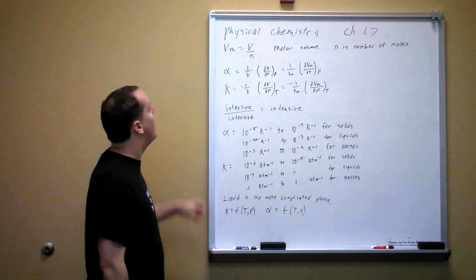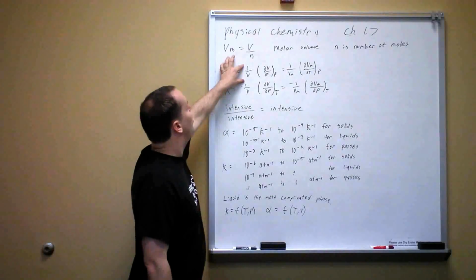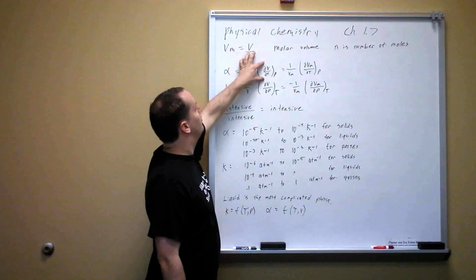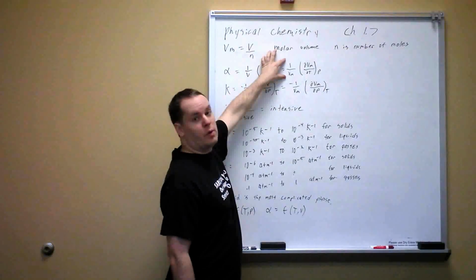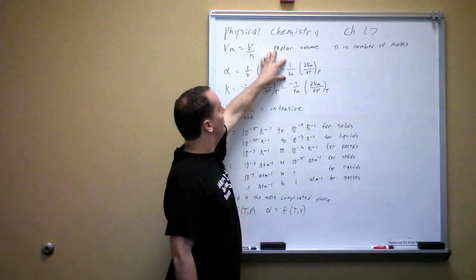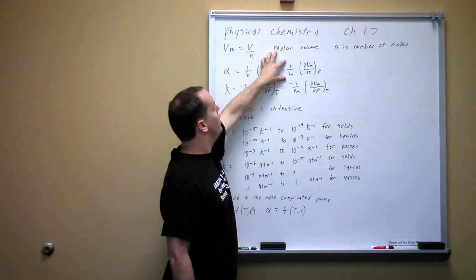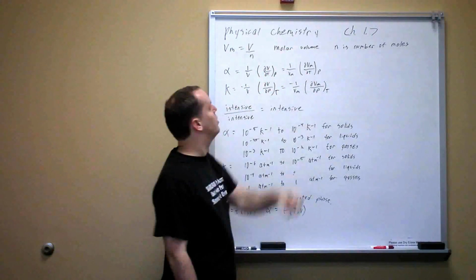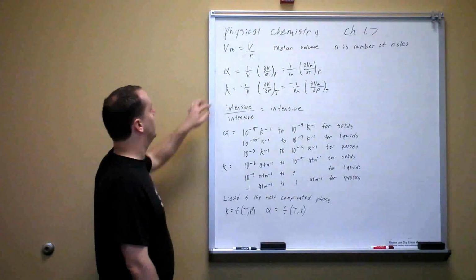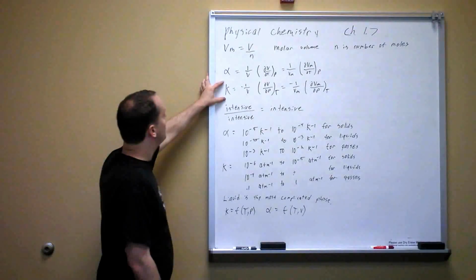So we defined alpha already as 1 over volume times the derivative of volume with respect to temperature at constant pressure. If we were working in intensive quantities for some reason, we could write it as 1 over the molar volume times the derivative of molar volume with respect to temperature at constant pressure.